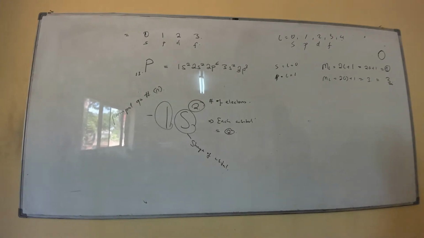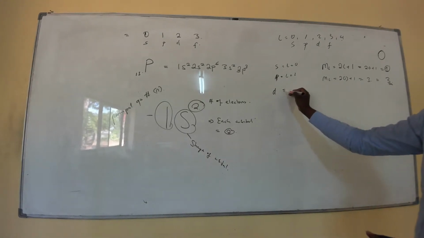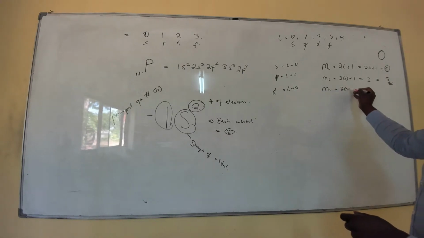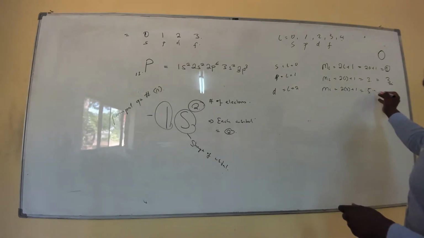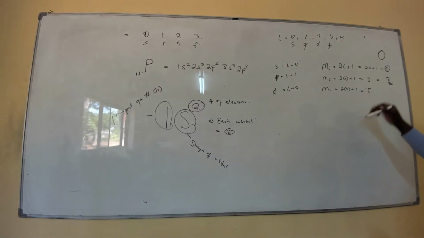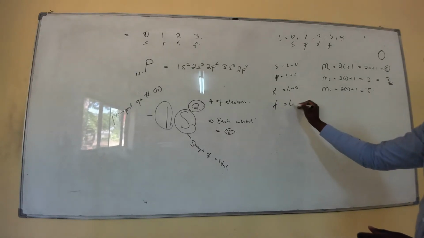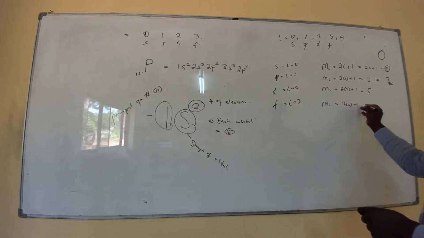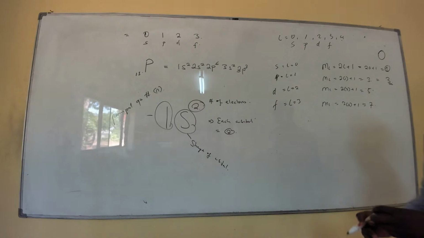Then you go to the d orbitals. For d, L is equal to 2, so 2 times 2 plus 1 is equal to 5. So these are 5. Then the f are 7.